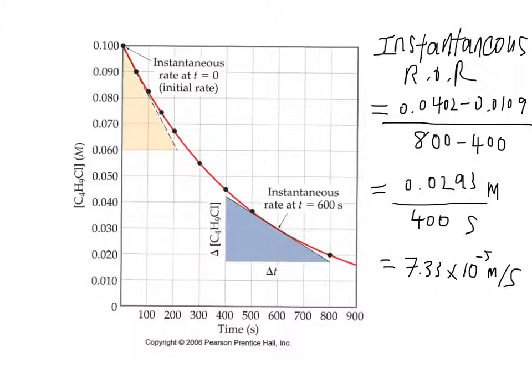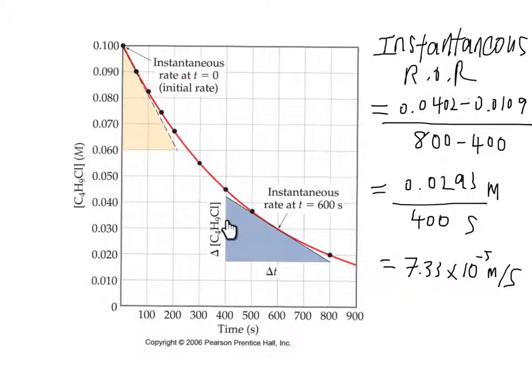After you draw the straight line, you draw a triangle from it, and calculate the change of concentration using this triangle, that is 0.0402 here minus 0.0109 here, and you divide by the horizontal change, which is 800 minus 400.